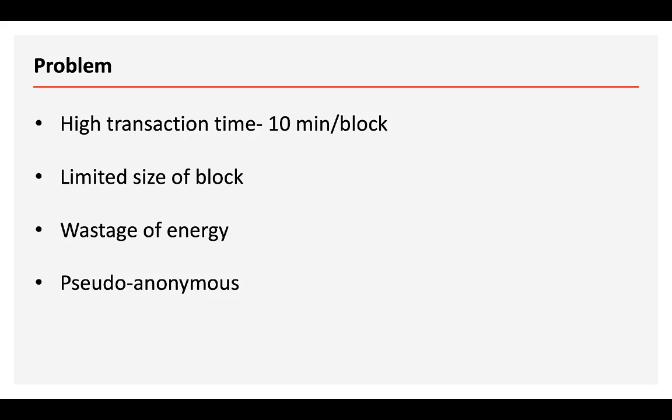But even then it's not confirmed, because you have to build at least 6 other blocks on top of the block in which this transaction was accepted before you can be sure that there will not be another fork that would eliminate your transaction. So in order to be sure that your transaction is almost permanent, you have to wait 10 times 6, about an hour, and that makes it very slow for any kind of e-commerce activities.